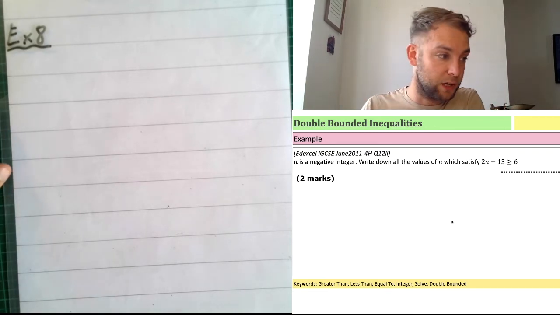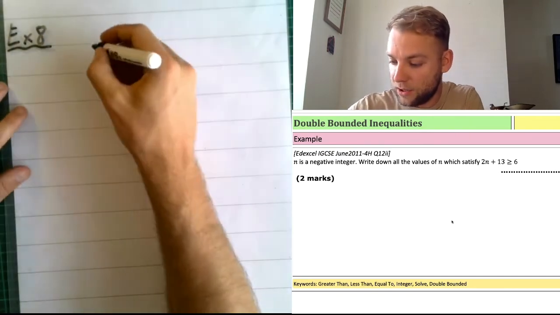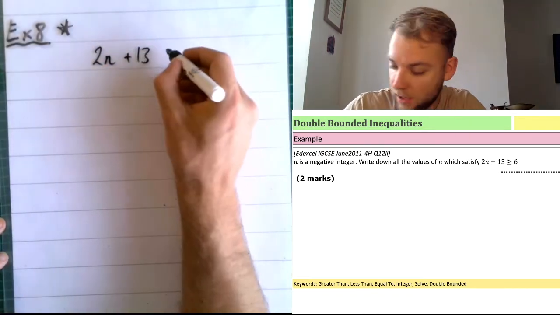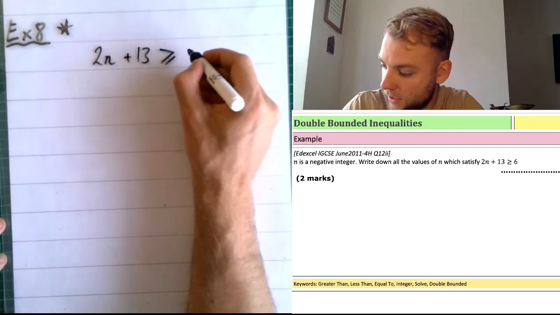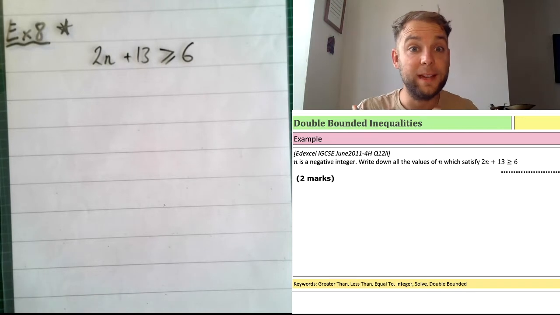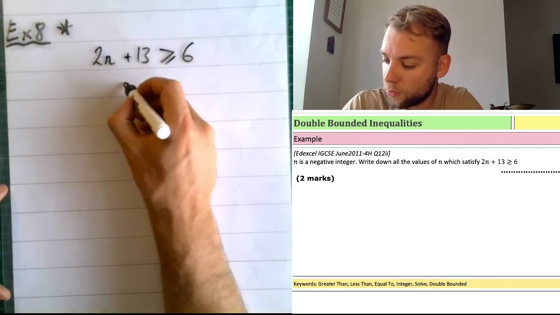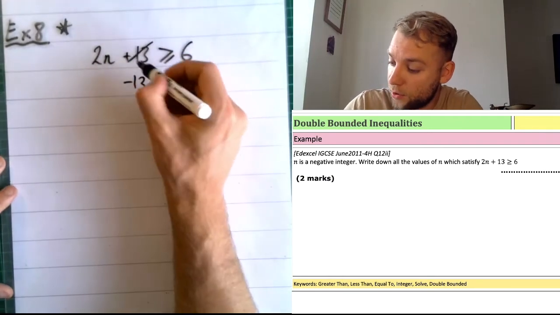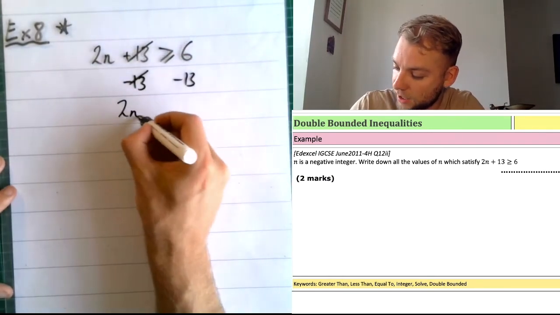So the first thing we're going to do is solve that inequality: 2n plus 13 is greater than or equal to 6. Okay. So what we need to do is solve this first of all. And I do that by subtracting 13. If I subtract 13 from the left-hand side, I'm just left with 2n.